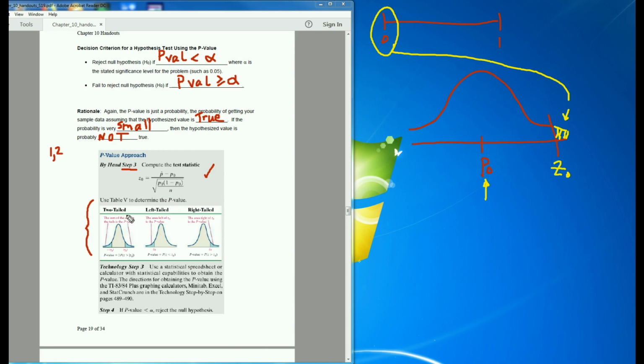And again, that is based on what kind of a test you have and what your test statistic z sub 0 was. All right. Step 4 is how do you make your decision? If your p-value is less than alpha, then you reject. Remember, if the p-value is low, the null must go. And then step 5, which is just writing your conclusion statement, exactly the same as the classical approach. All right, I'm going to erase and go on to the next page.